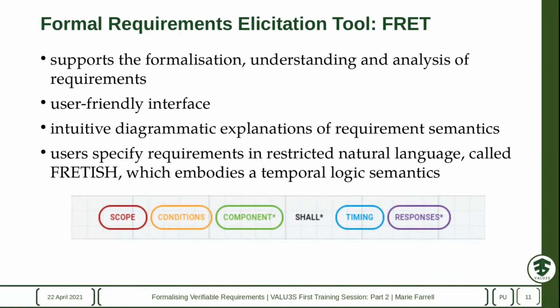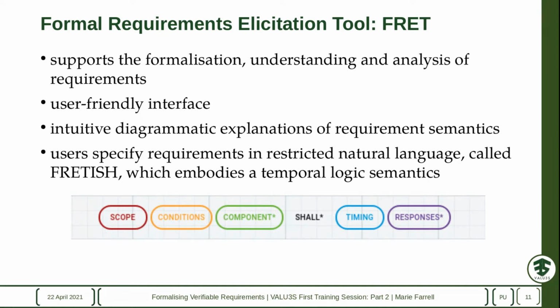But the key thing here is that FRET requirements fit this template shown on the slide. So they might have a scope, which allows you to write down that the requirement is only relevant for particular scopes of system behavior. Then you can specify conditions, which are the point after which the requirement must hold.